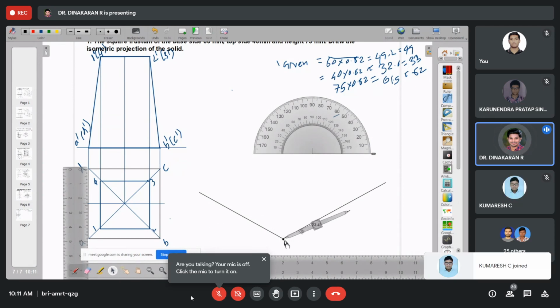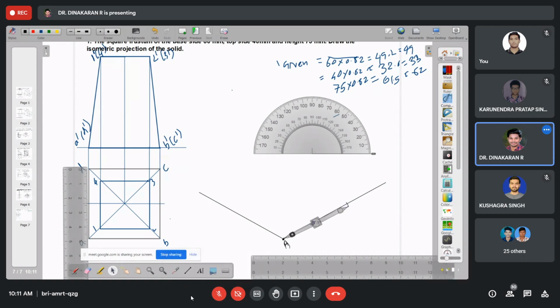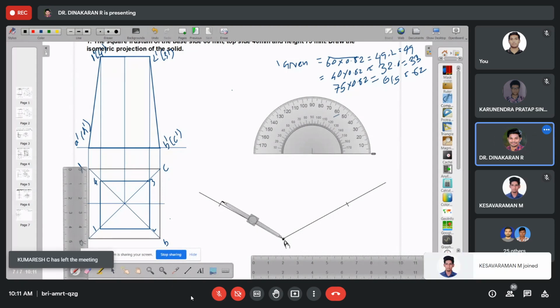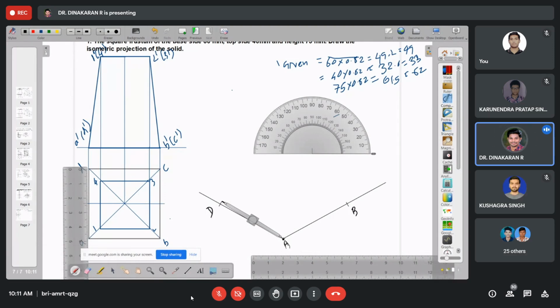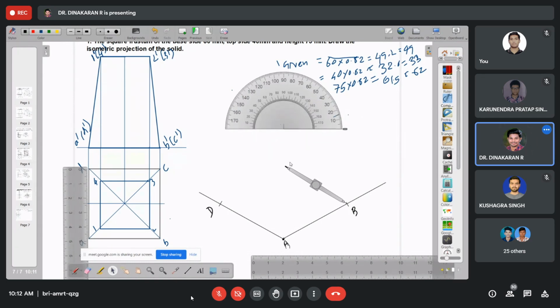Place it on point A and cut an arc. What is the point name here? B. Here you get point C. This is B. First we need to make a box. Because the square box has equal dimensions, for that only we use 49.